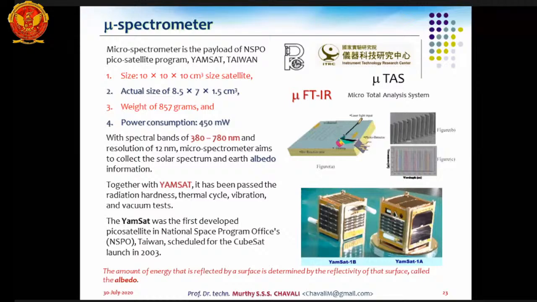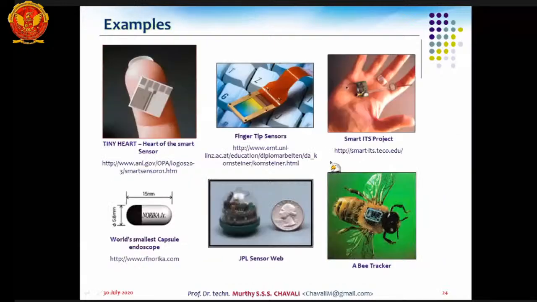Preparation of this FTIR has been done, but sending it into space has been stopped because of political reasons. It was still lying in the Science Council of Taiwan, but not at launch. It was supposed to be launched into space by the MSAT program. This is a typical satellite program, which is hosting our NUTAS and FTIR systems.